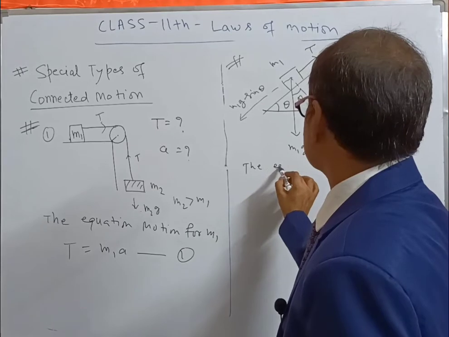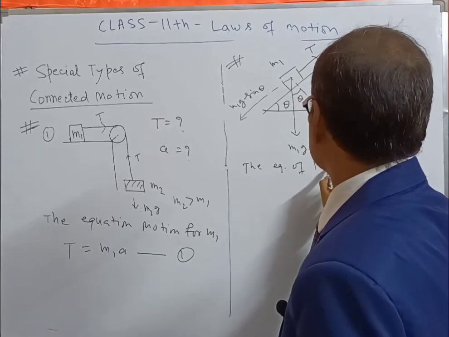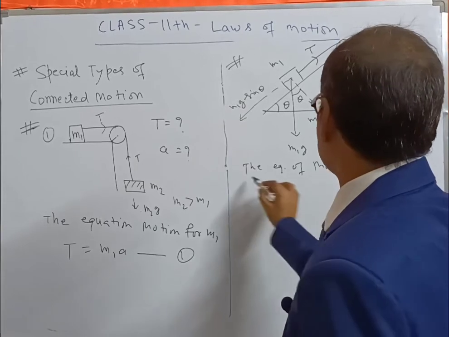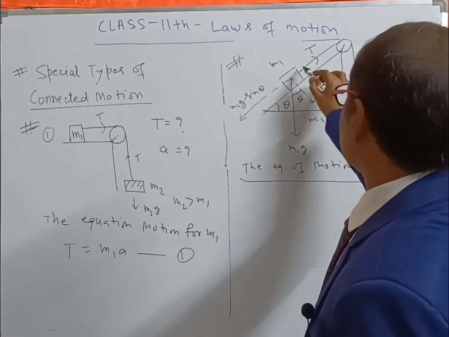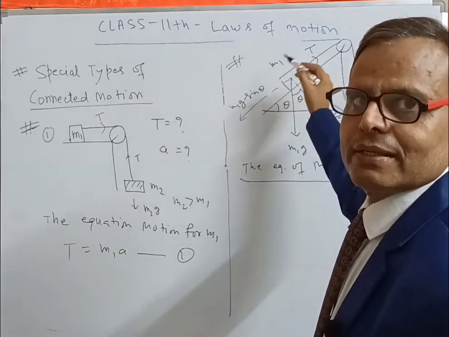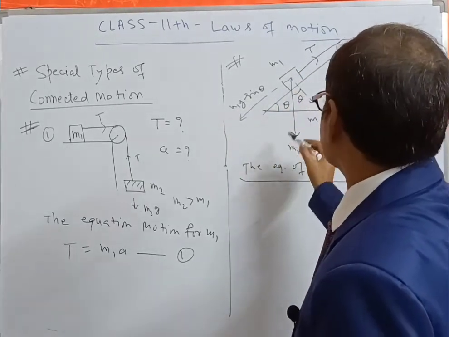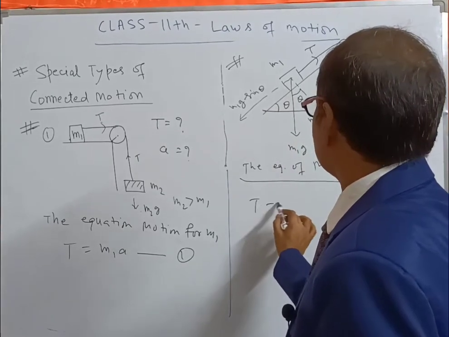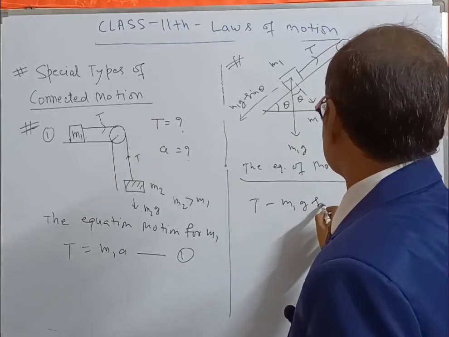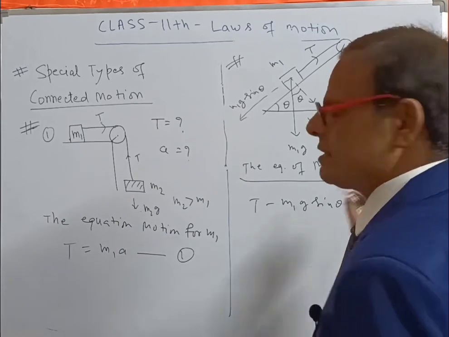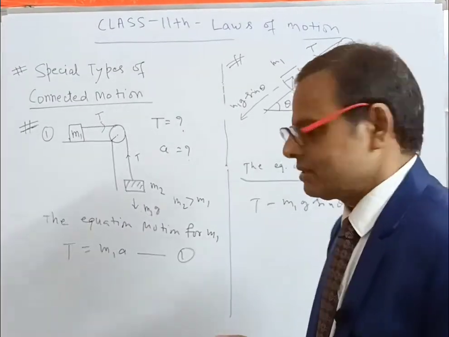T is pulling along the inclined plane in the upward direction, so T minus M1G sin theta equals M1 into A, the acceleration. This is the first equation.